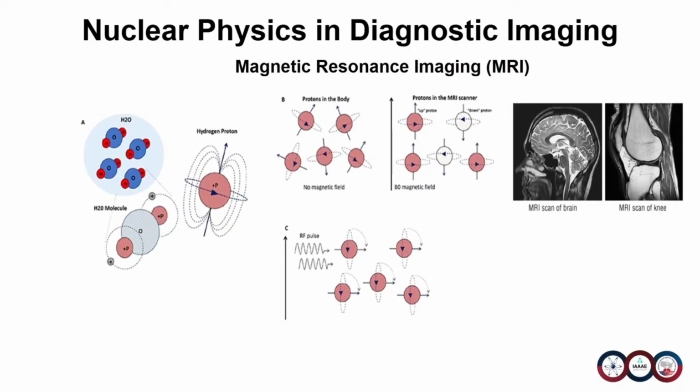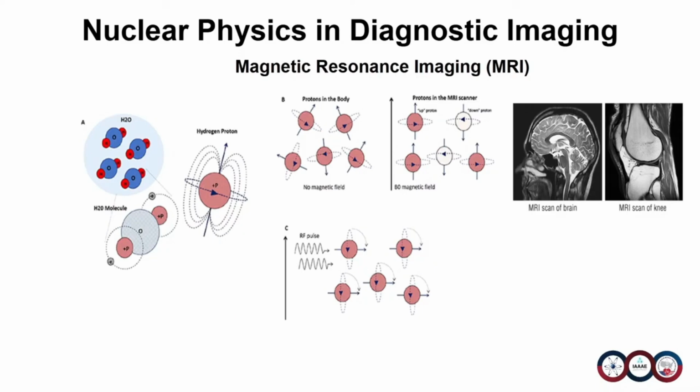Because the proton is positively charged, it is influenced by an electromagnetic force or a magnet. So if you place a human being in an external magnetic field, MRI, it disrupts the normal orientation of the protons. They reorient based on the alignment of the magnet, because of the south and north pole.